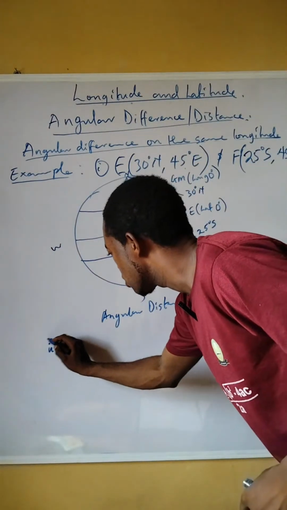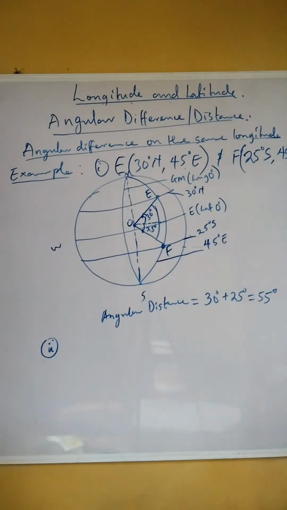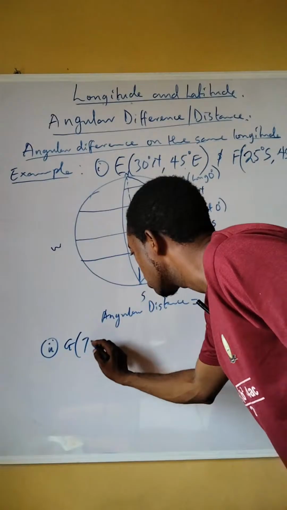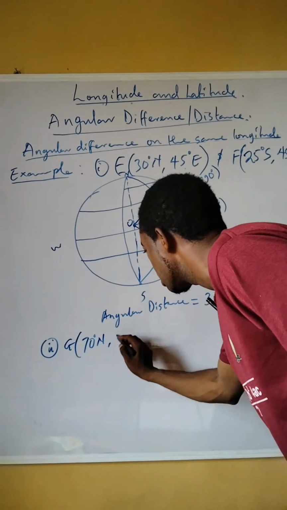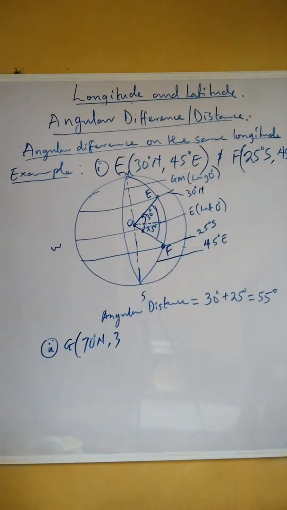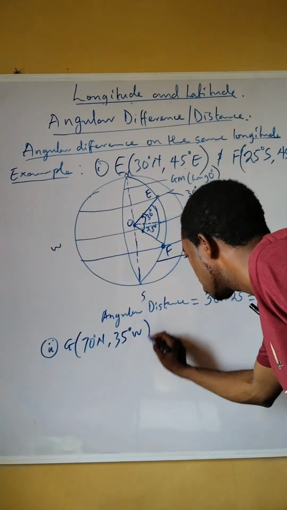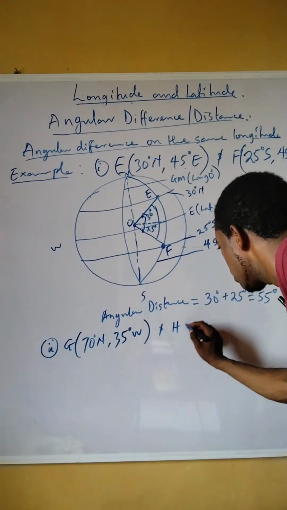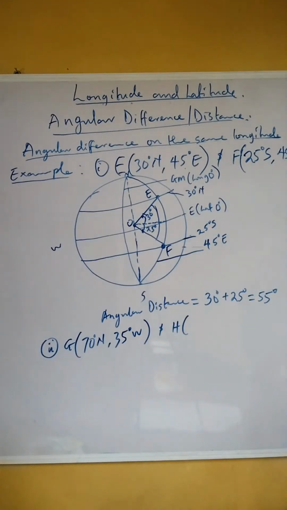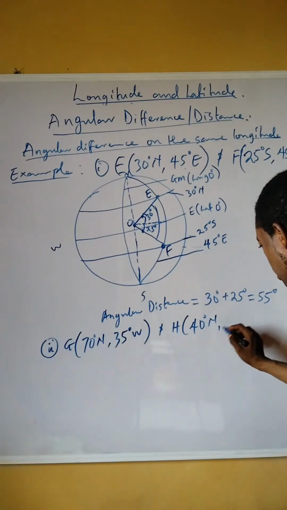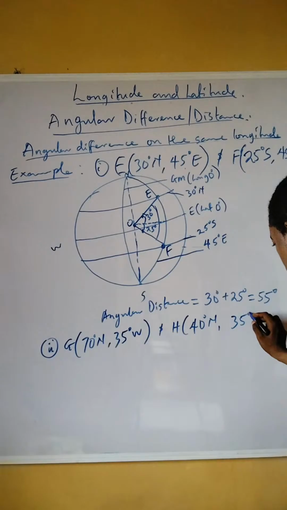So let's look at number 2 now. We have to find the angular distance between point G, which is 70 degree north, and 35 degree west, and point H, which is 40 degree north, and 35 degree west.